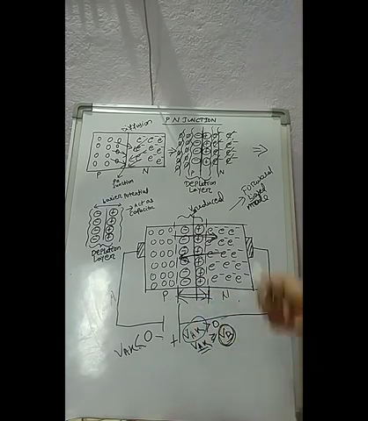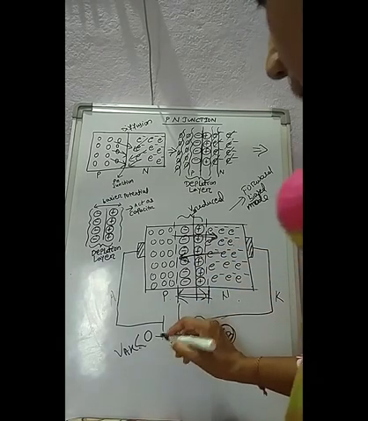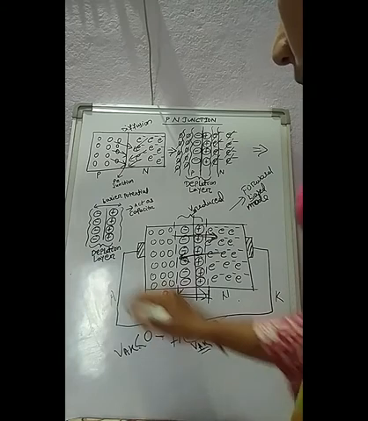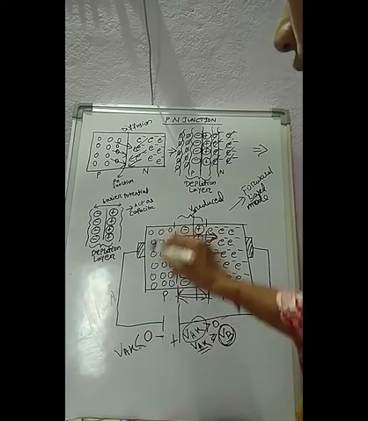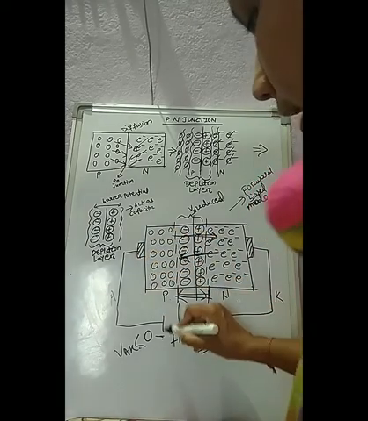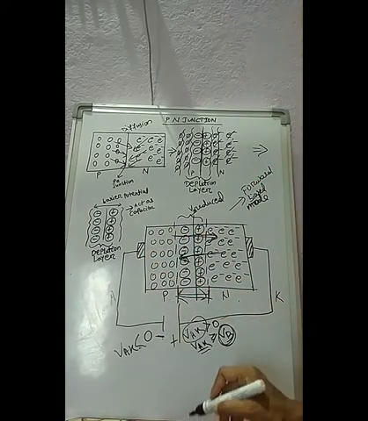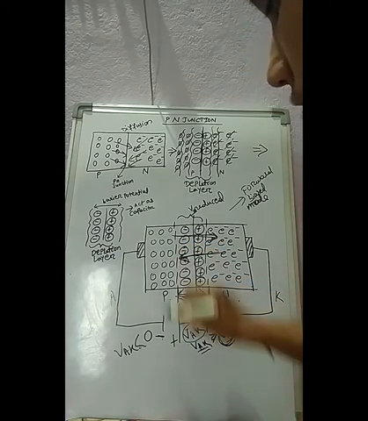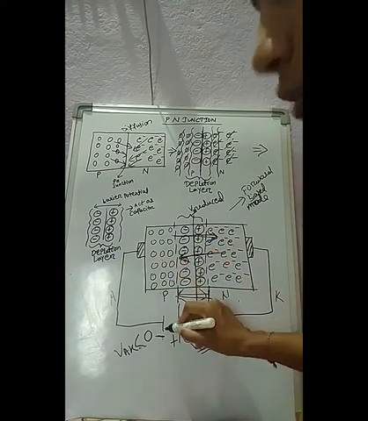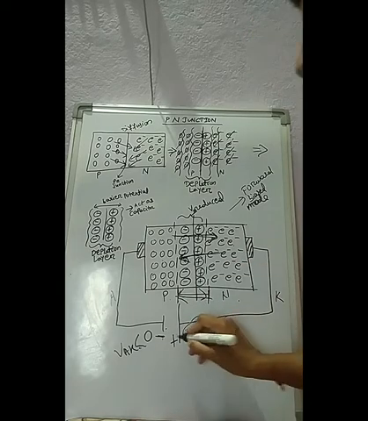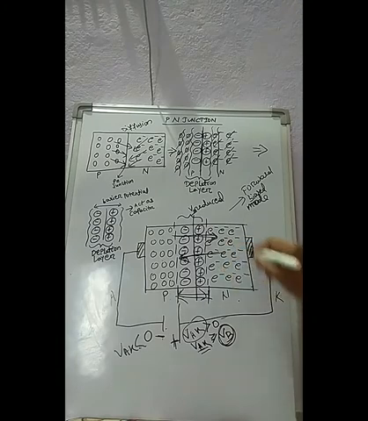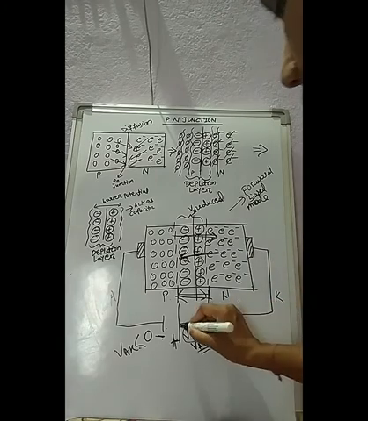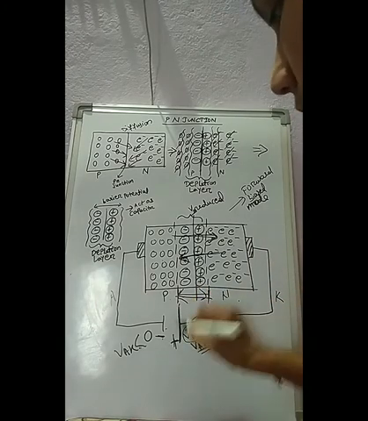How will this work? When the negative terminal is connected to the anode, the majority charge carriers, which are positive, will be attracted towards this negative terminal. And the positive terminal of the battery is connected to the cathode, where the majority charge carrier is electron, so these electrons are also attracted towards this terminal of the battery.